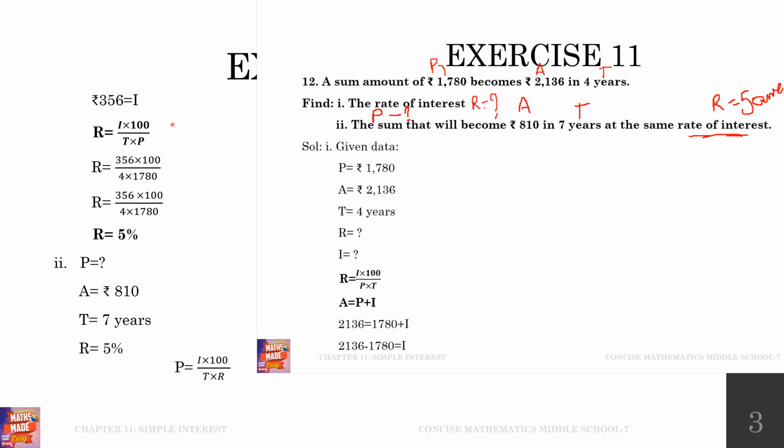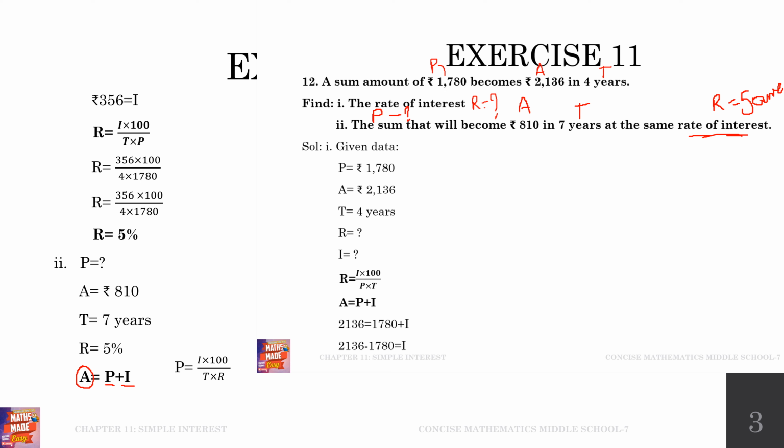Now we know another formula, that is A is equal to P plus I. In this case, if you want to substitute the values over here and find out I, do you know the value of P? No, you know only the value of A. Just by knowing one number, you cannot find out the value of I. You know only the A value, right?